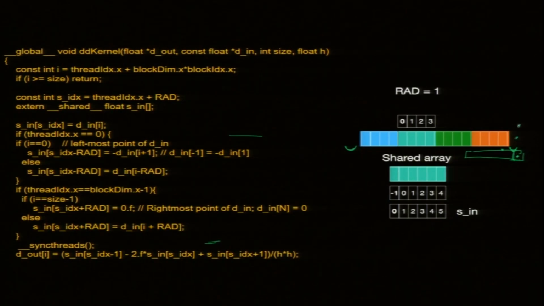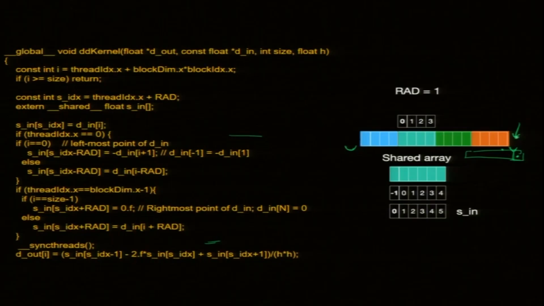Because this value is not available in the array, right. I mean, I give the array only 16 numbers, but I need the value here. So, that we need to make a guess. Okay. So, the end points, both left end and right end, are to be taken care of by the programmer. The value is not available, and that is why these conditions are here. Okay. I am going to come to that in a minute.